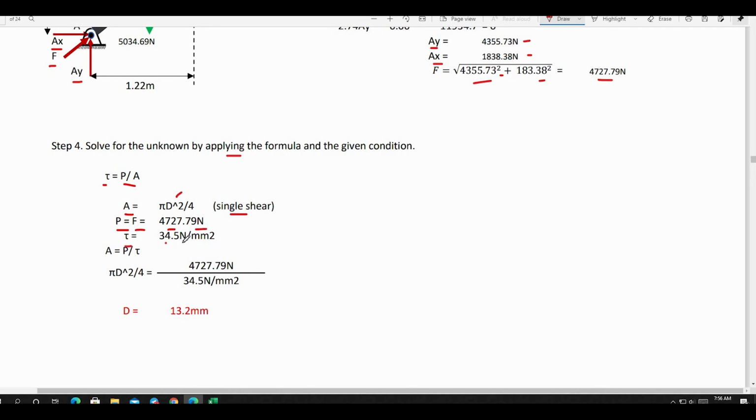And tau is given in the problem, that is equal to 34.5 Newton per millimeter squared. So we can solve for the area from this equation, that is equal to force divided by tau, or the shear stress. We can equate the value of area, pi d squared all over 4, to force divided by the shear stress, and we can find diameter d from this equation, that is equal to 13.2 millimeter.